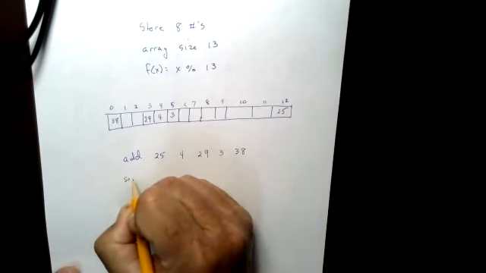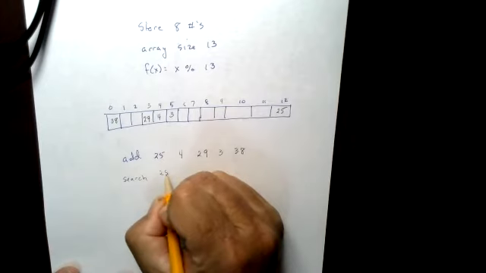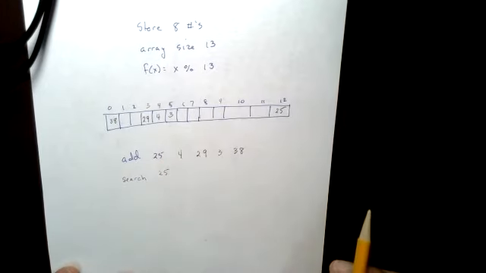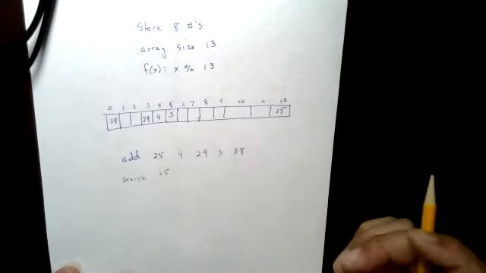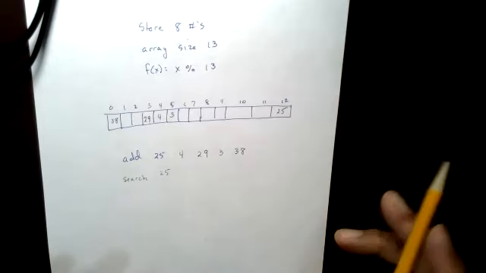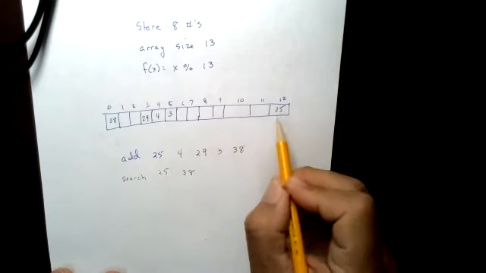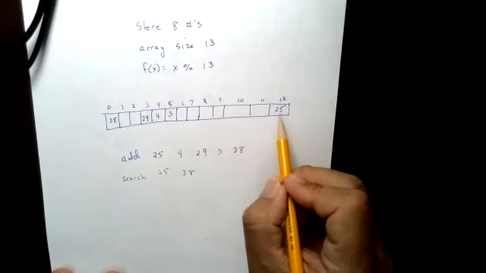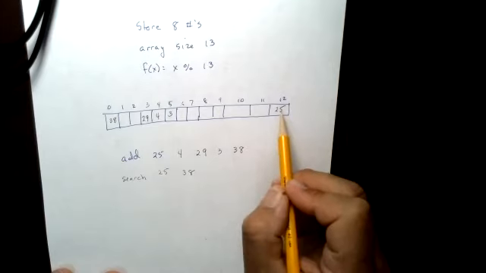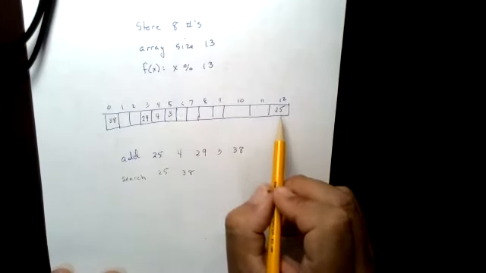All right, if I search for 25, not too bad. It's there, right? Boom, found it really quick. My search time was so short, it's unbelievable. What if I wanted to search for 38? Again, I would go to 25, and now I need to think about wrapping around not only in my insert, but also in my search.